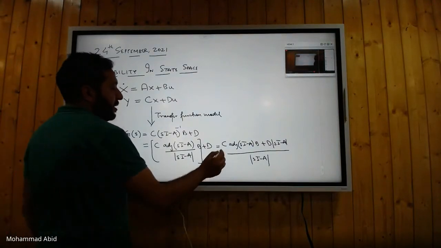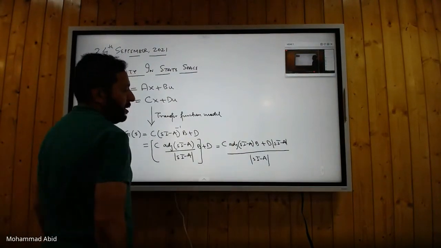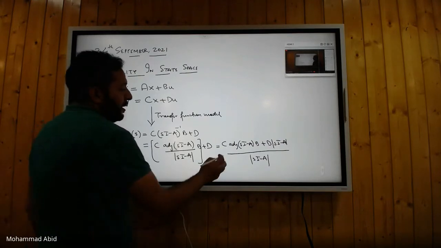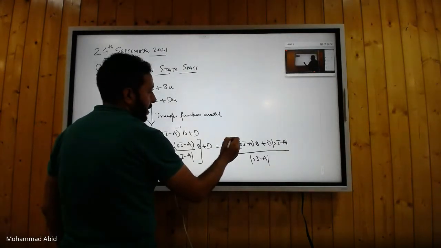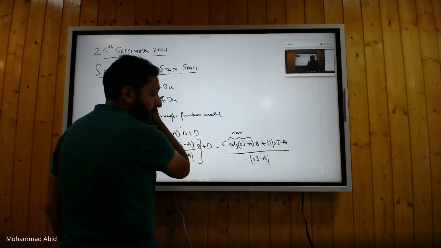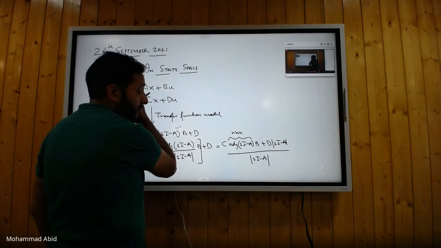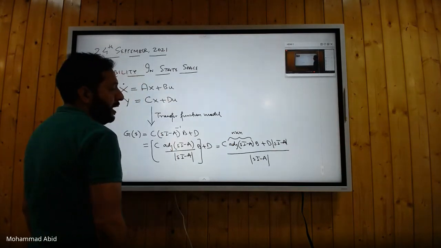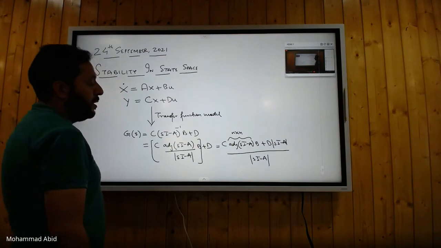So we had seen that this adjoint is a matrix of order n cross n. It's actually a matrix polynomial wherein each term is a polynomial of degree at the most equal to n minus 1. Is that okay?